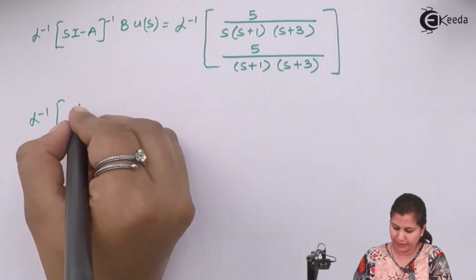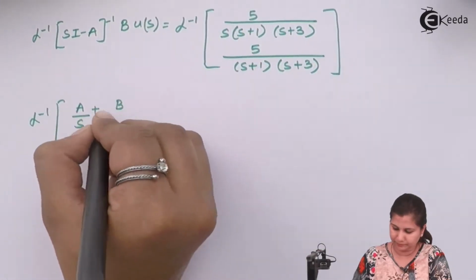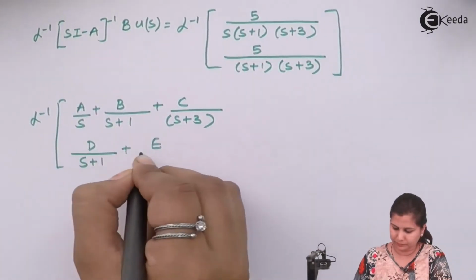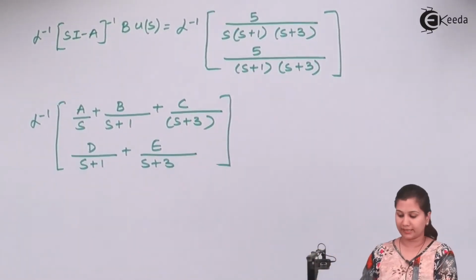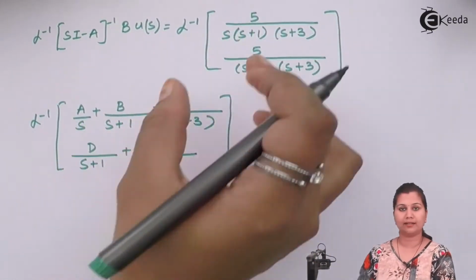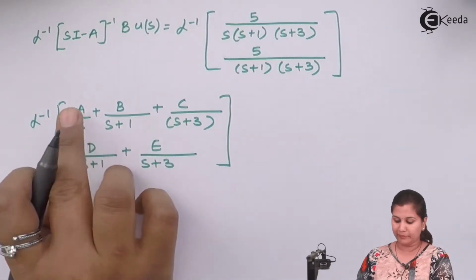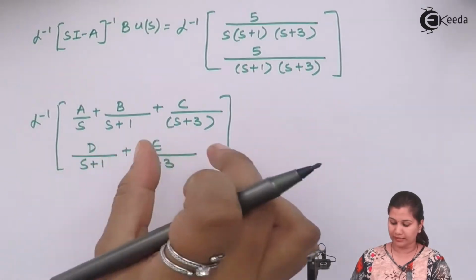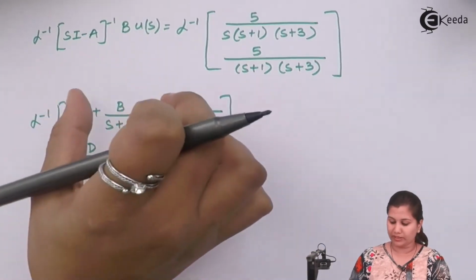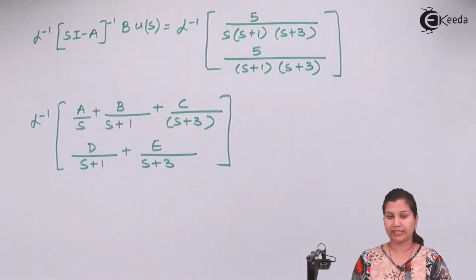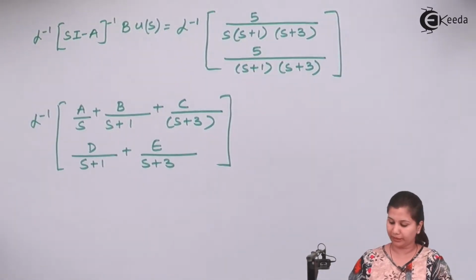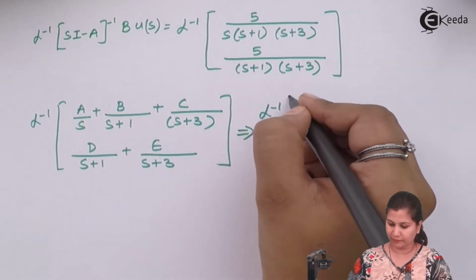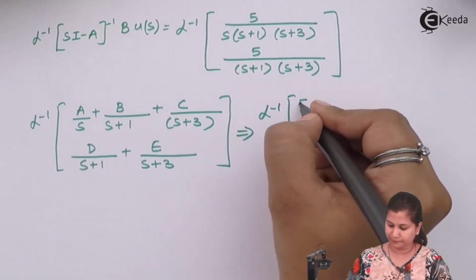This will be A by S. Okay, this is the partial fractions of these terms. Now we have to calculate A, B, C, D, E, these values. So just take the LCM, then equate, as I have explained earlier, how the partial fraction form can be obtained. So I'm directly writing the answer here.